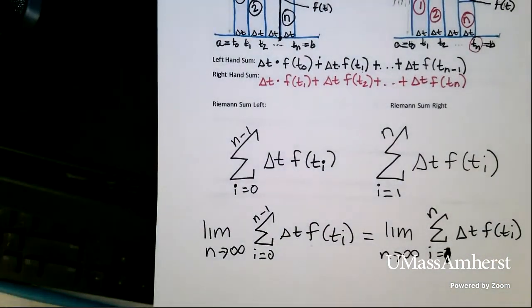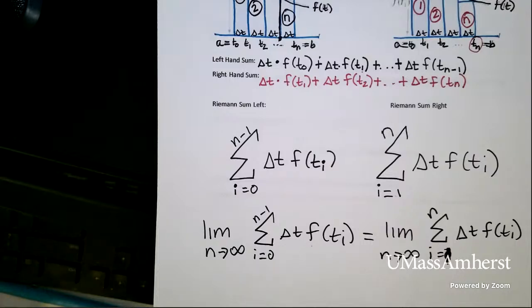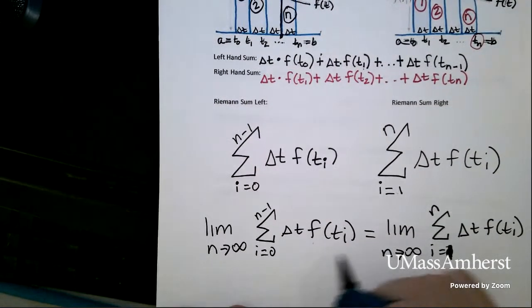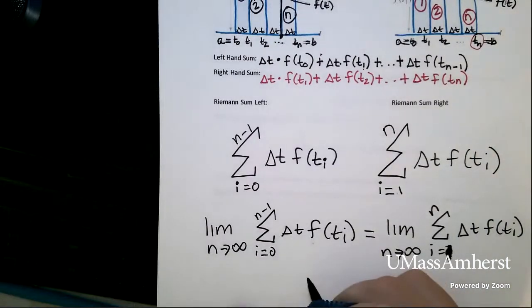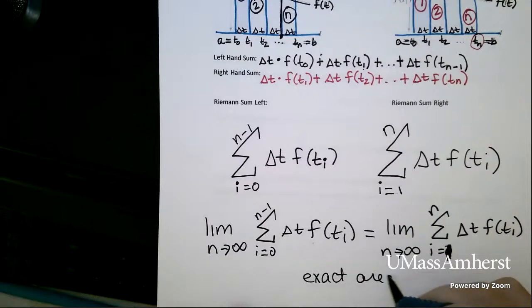So if I tell you that the exact area has to be between 5 and 5, it has to be 5, right? When they're the same, it gives you this exact area under the curve. So when these are equal, when you put in enough rectangles, you get the exact area under the curve.